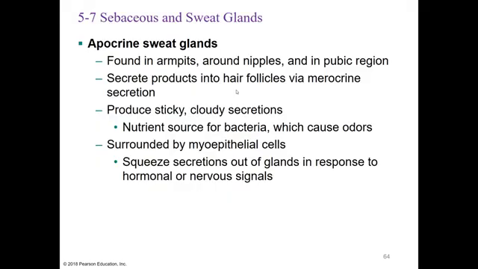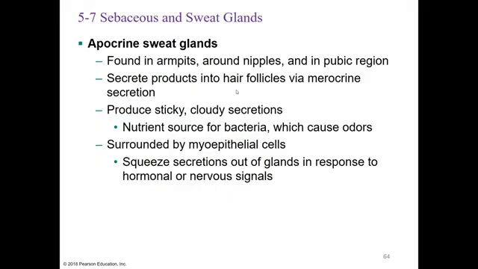This type of sweat gland produces a sticky, cloudy sweat. And this sticky, cloudy sweat is a great nutrient source for bacteria. The bacteria feed on this sweat, and the bacteria release gases which cause odors. And so that's what we affectionately call body odor, or BO. And we definitely know that these kind of sweat glands live in the armpit.